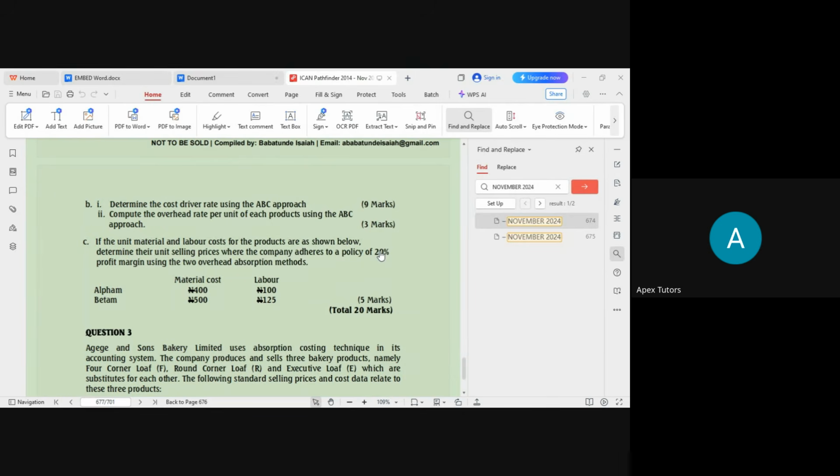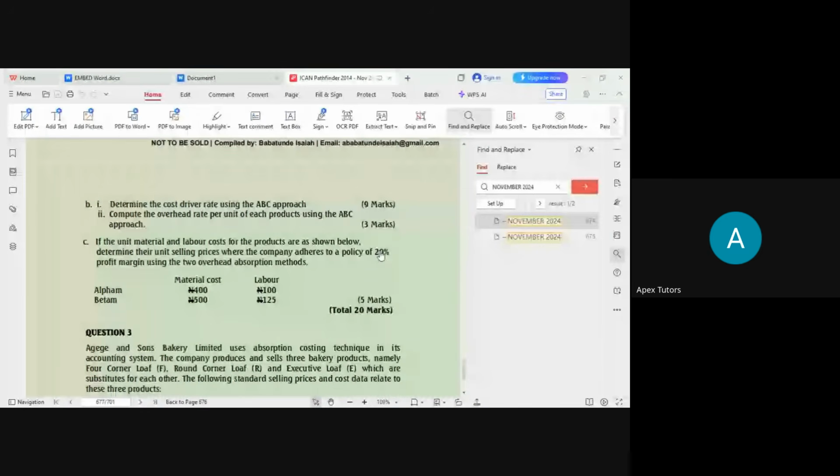No, ma, don't do that. Don't apply those. Just go straight and look for 20% of the costs.